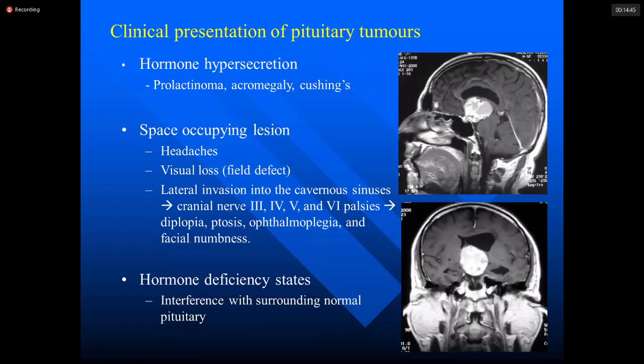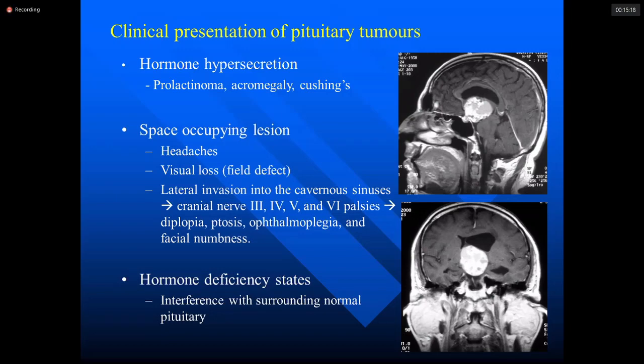The clinical presentation of these tumors depends on what this adenoma is hypersecreting, if it is secreting any hormone. So it will be manifestations of prolactinoma or acromegaly or Cushing's. And because of this space-occupying lesion, which is a suprasellar mass basically extending into the brain, causing increased intracranial pressure, there will be manifestations of headache and compression on the visual fields.